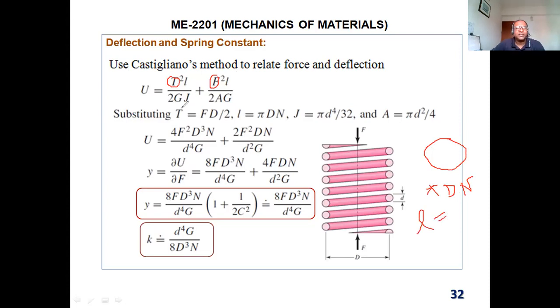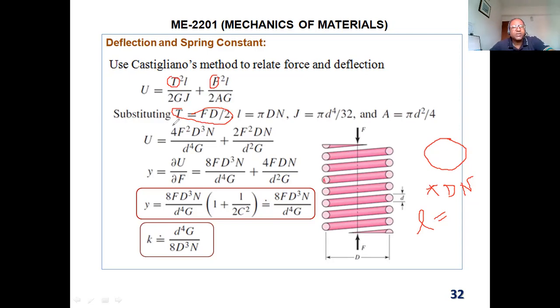And this is a torque value. This is L, and this is G, the shear modulus, because it failed by shear. So you need to use the shear modulus over here. And this F is the shear force on the cross section of the wire.